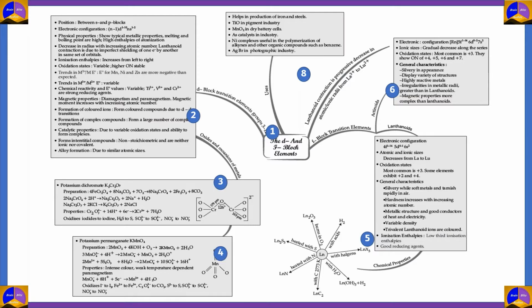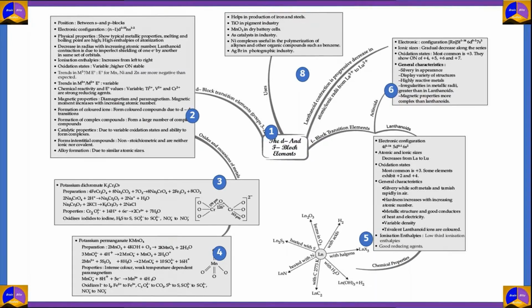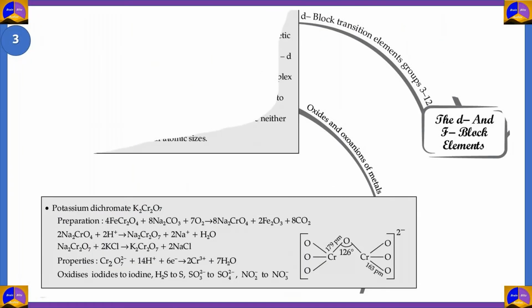Now let's look at some oxides and oxoanions of d block elements. The first is potassium dichromate, K2Cr2O7. Now, how do you prepare this compound? The fusion of ferric chromite ore with sodium carbonate in excess of oxygen produces a yellow solution of sodium chromate, ferric oxide, and carbon dioxide.